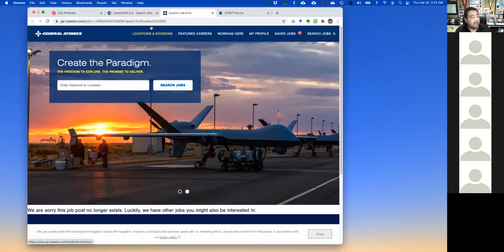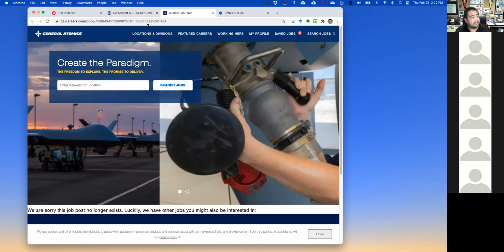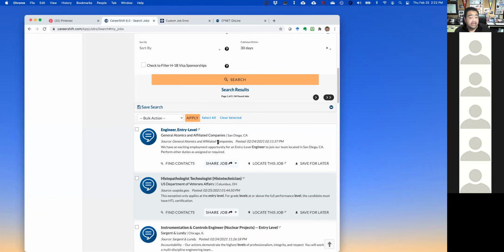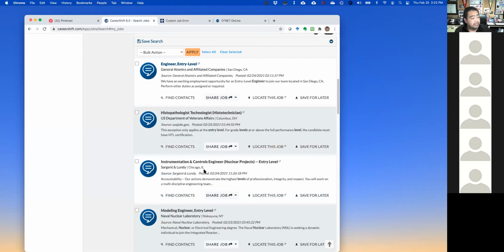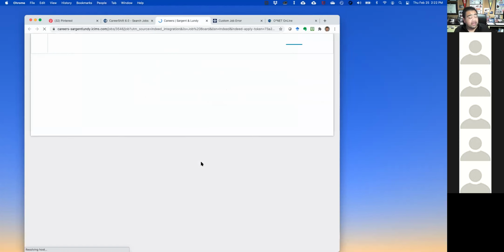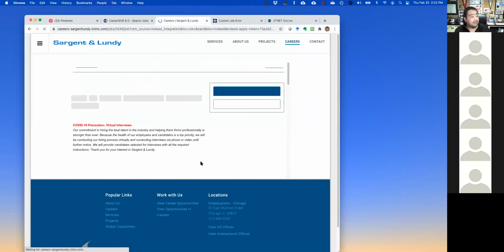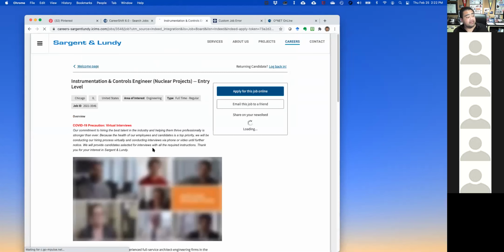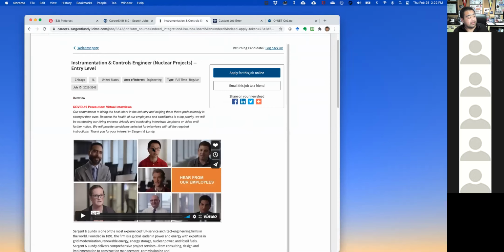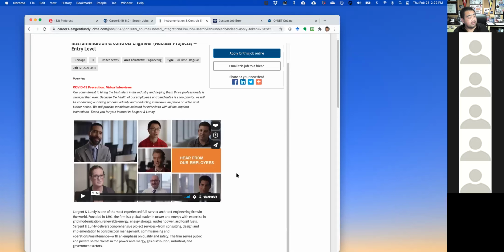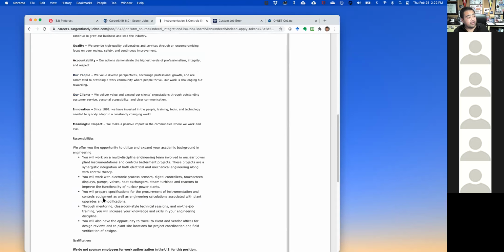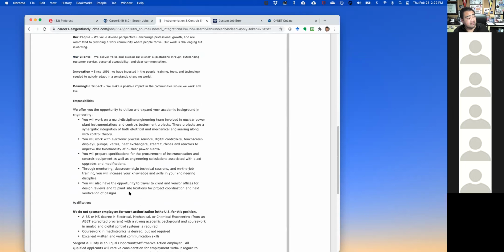So that's one thing to keep in mind. Or it'll take you to Indeed or whatever link the company has posted the position. But the one thing I want to point out is as we look at some of these positions, I would like for you to consider taking a look at the actual job description and qualifications. When we look at some of these job descriptions, as we scroll down here, they talk about the core values, the responsibilities listed here.